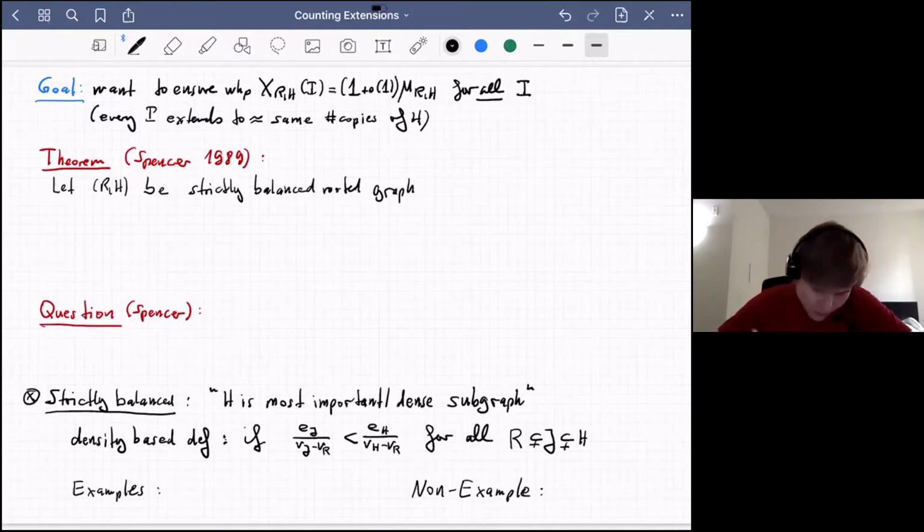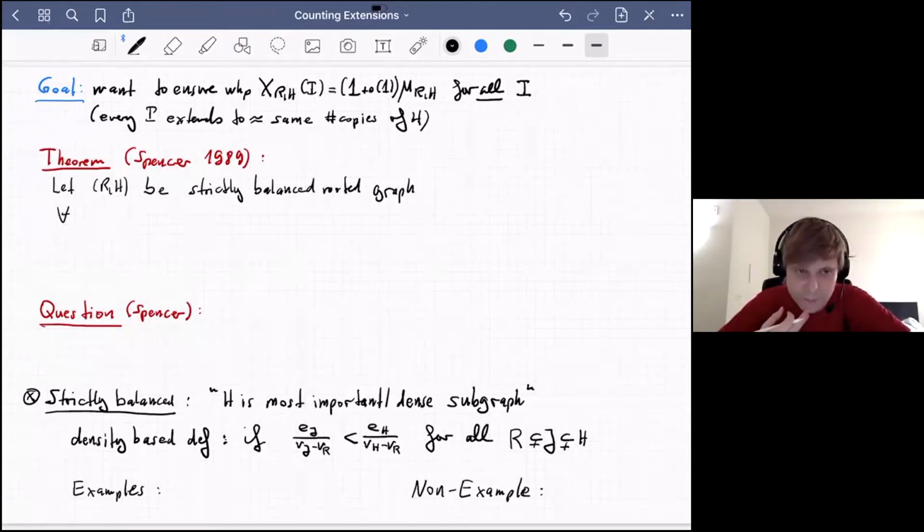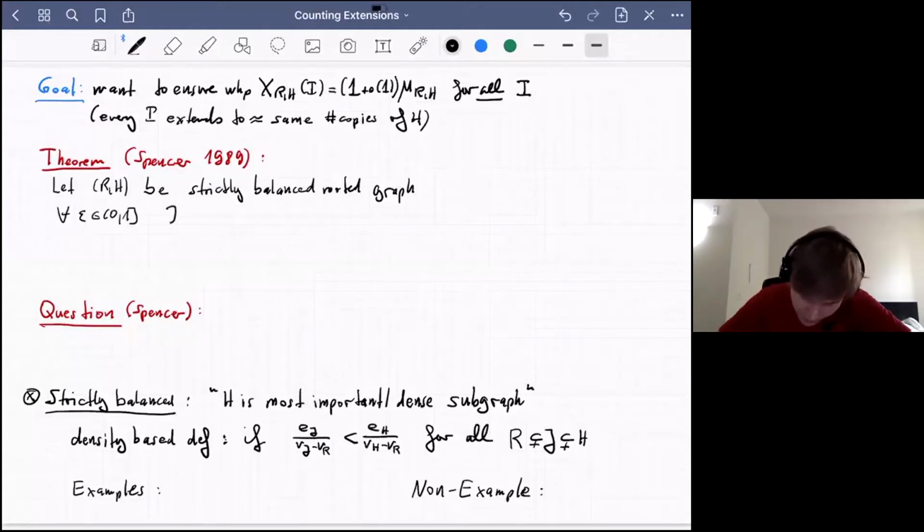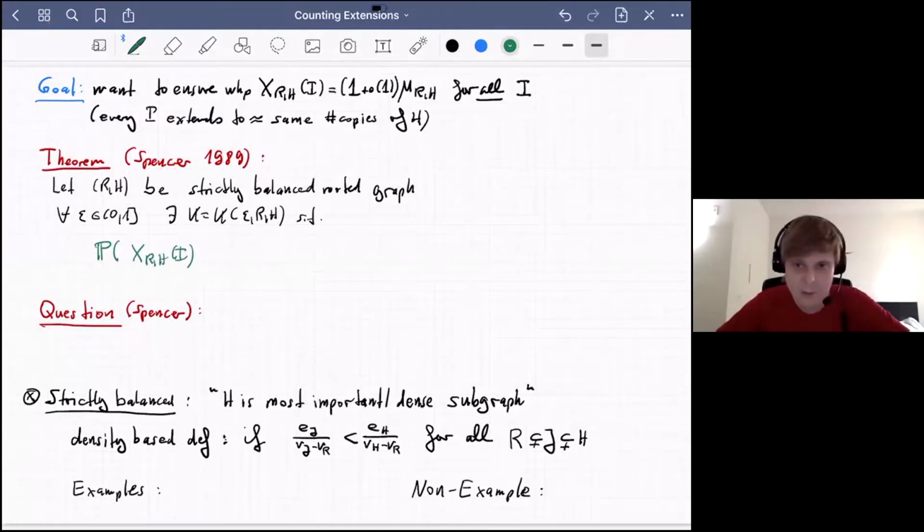The statement is that you want to show the count is within 1 plus or minus epsilon of the expected value. In other words, for any epsilon in (0, 1), he proved that there is a constant, which depends on epsilon and the graph that we're rooting at, such that, well, we want to show that all extensions are fine. We're interested in the probability that, no matter which choice of I we're looking at, the number of counts is always close to the expected value.